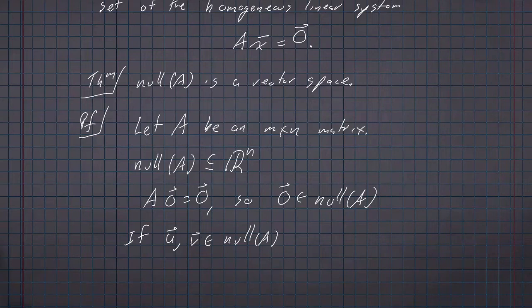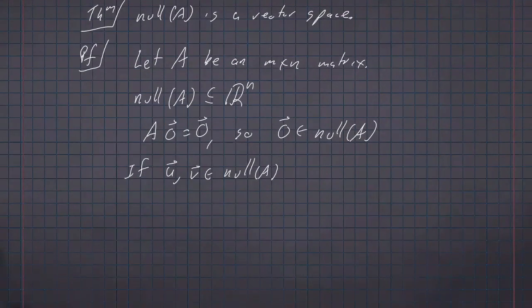And if I have two vectors u and v in the null of A, then that means that A times u is 0 and A times v is 0.